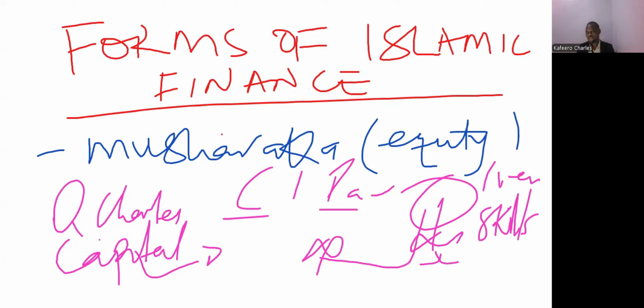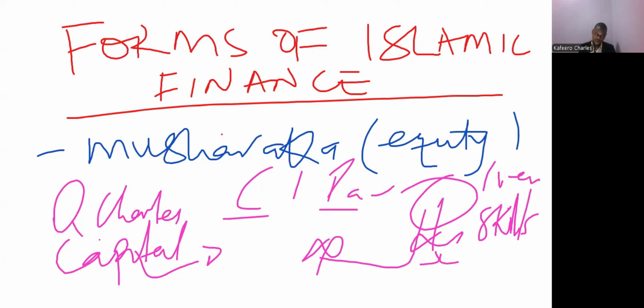Even the way they are going to be sharing the profits is going to be a little bit different. But the bottom line is that we have two or more people coming together. One must be bringing capital and the other is bringing skill. That's the differentiating feature. They come together and they do business.